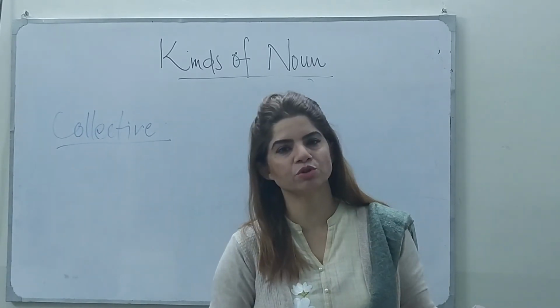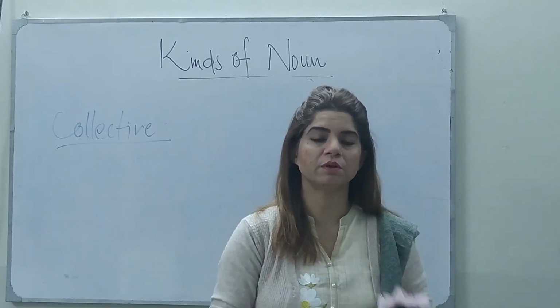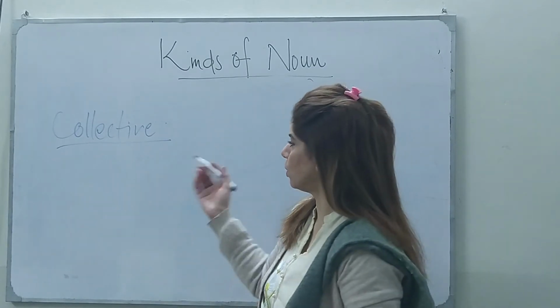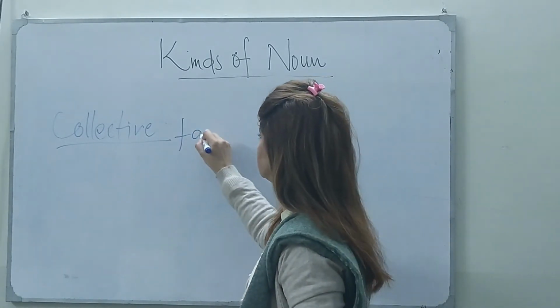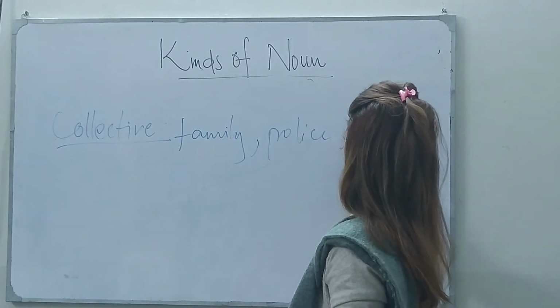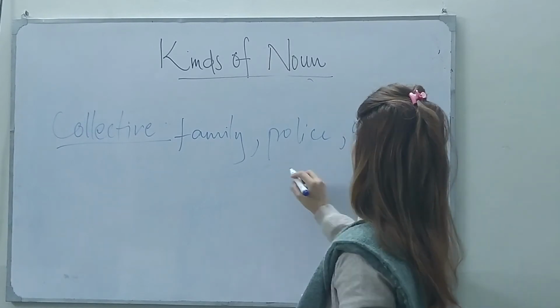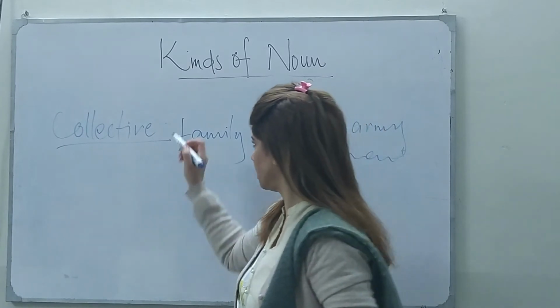And if they come in the plural form, they will be singular but give you the plural. They act vice versa. Okay, let me give you a few examples. Family, police, army, government.